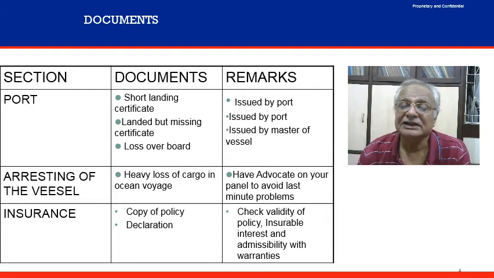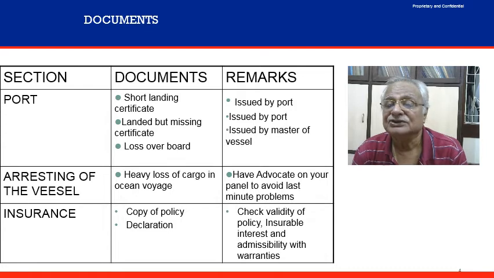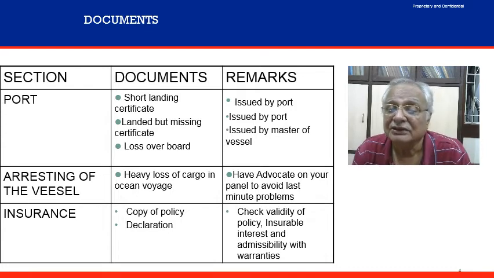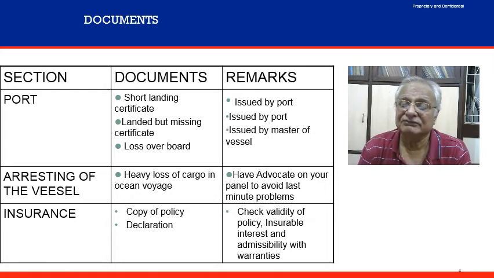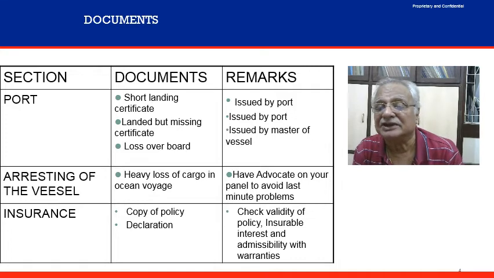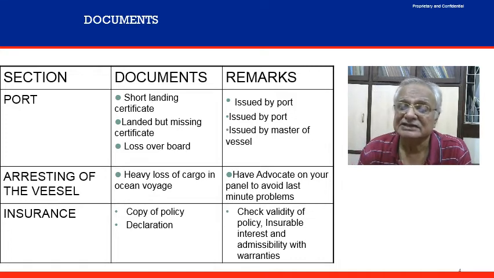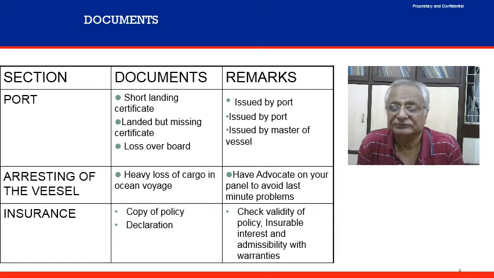Then there is a landed but missing certificate, where the cargo was unloaded but subsequently pilfered. This is also issued by the port, but in the case of a landed but missing certificate, the port supervisor will also inform the local police station about the theft and pilferage. Also, the consignee or the insured can ensure that this is reported to the police.